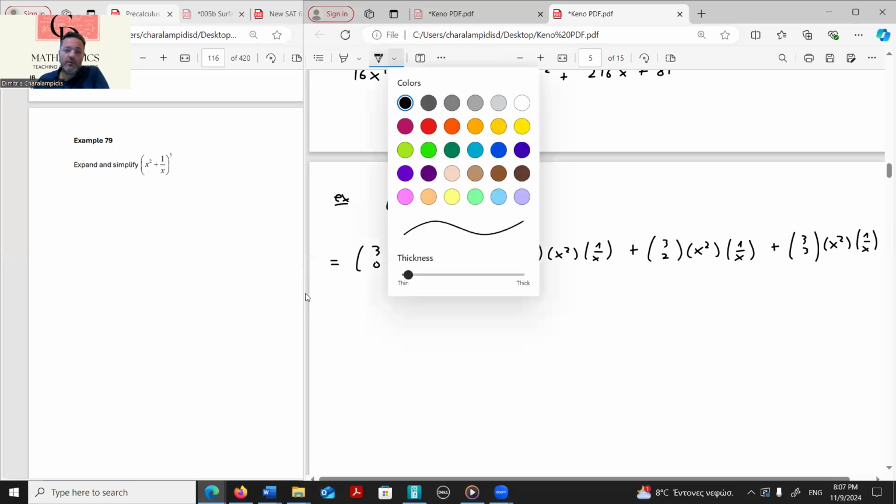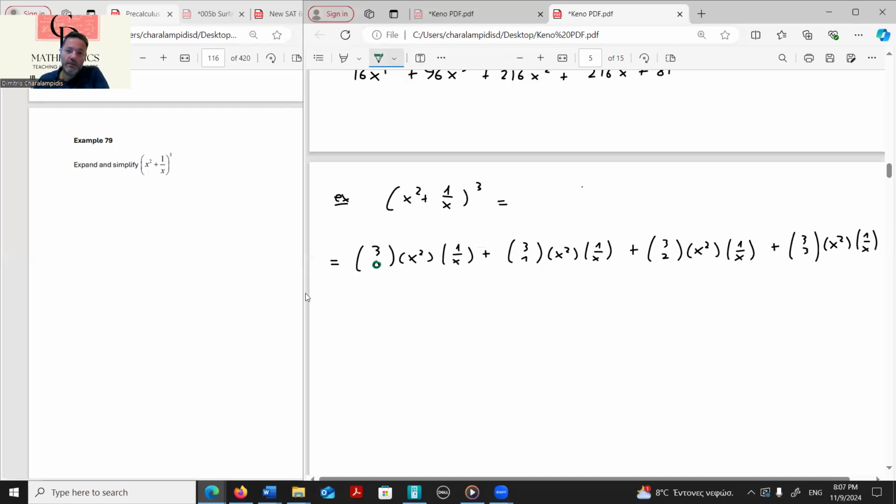Then I'll continue with the exponents. It's 0 down there, 0 up there. 1, 1, 2, 2, 3, and 3. And then the powers of x squared, so that they both always add up to 3: 3, 2, 1, and 0.